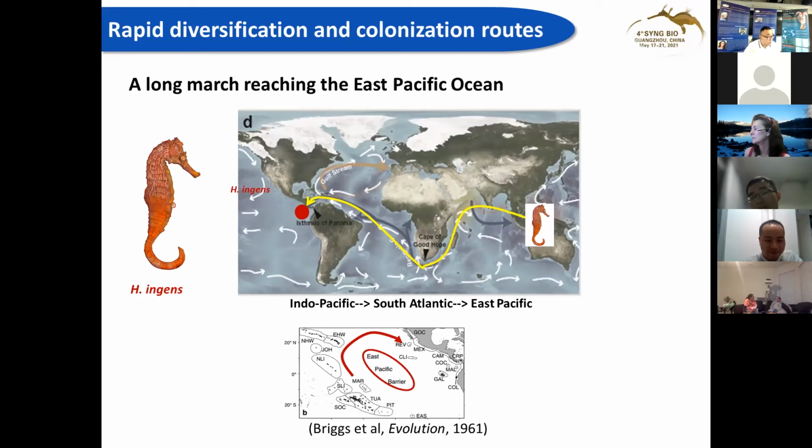This route is much different from previous reports, which said that most marine species from the IAA areas crossed the wide Pacific areas by the northern way.